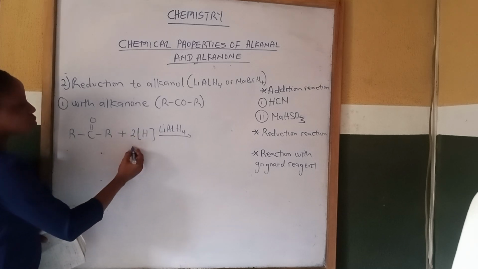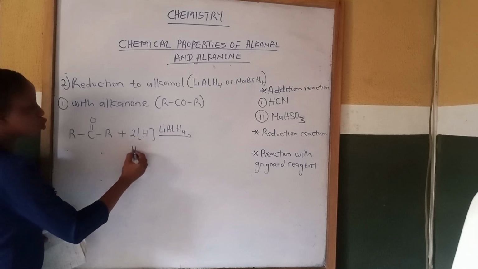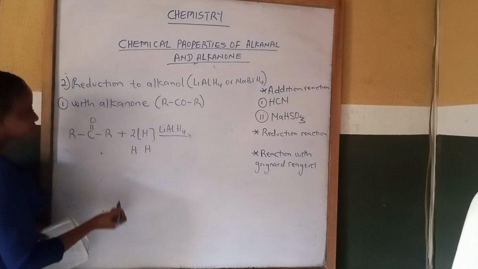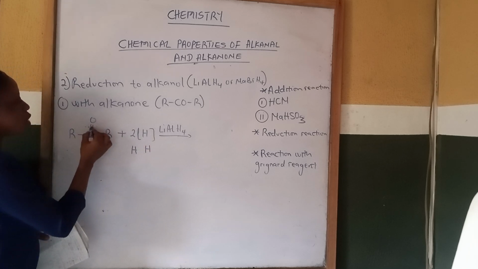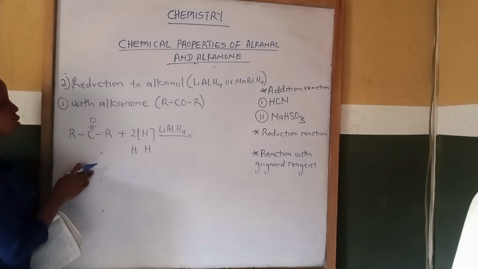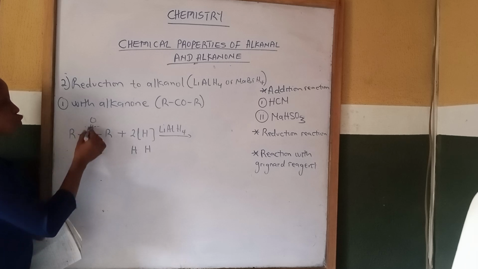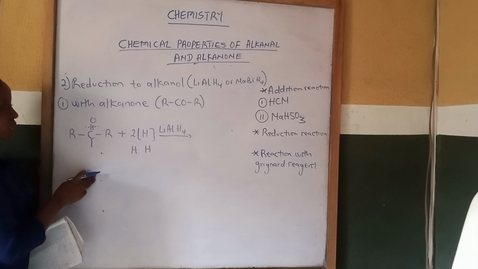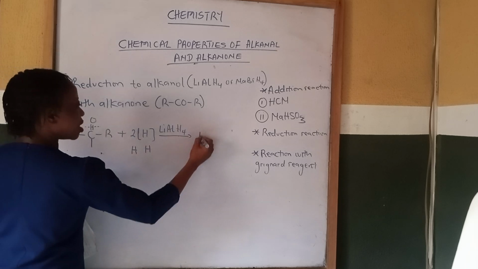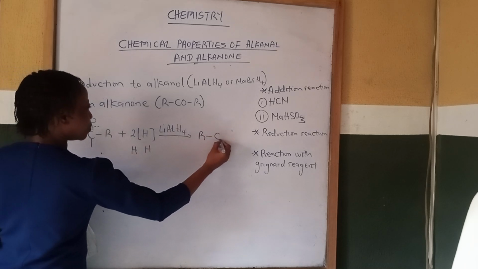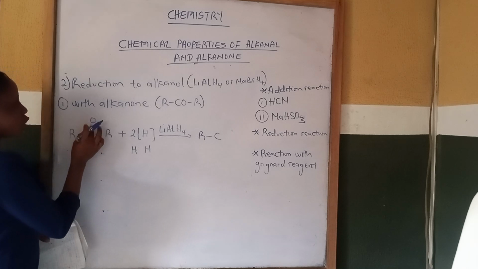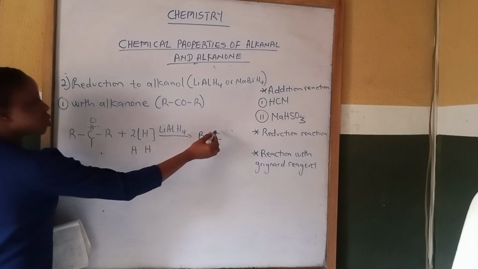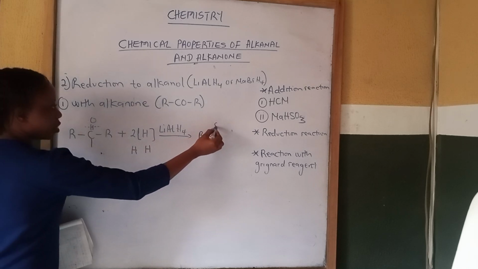So the two hydrogens will split into H and H. Then your double bond will break into two, so one of the bonds will come down here. So our product will now be R C, with only one bond remaining here, then oxygen.